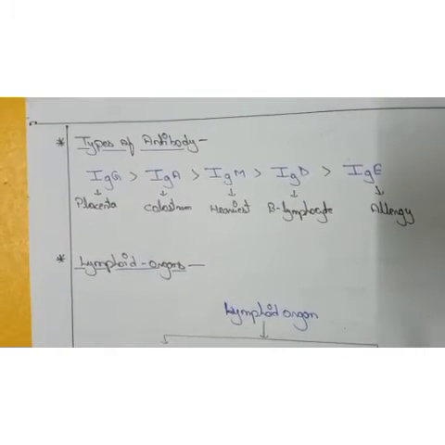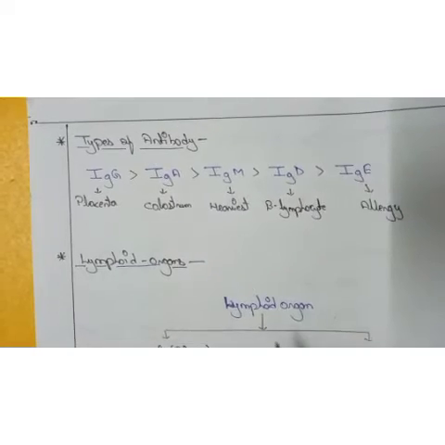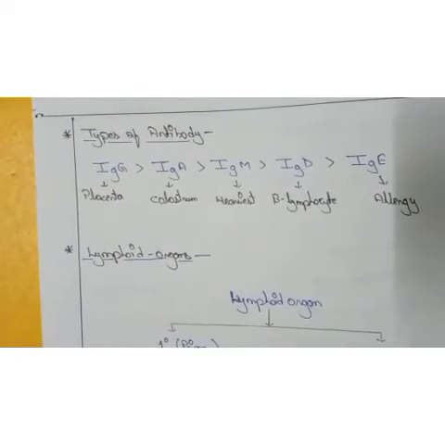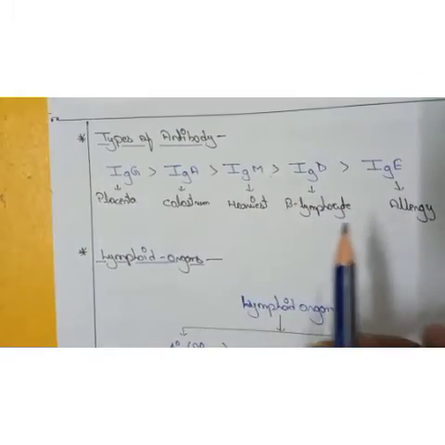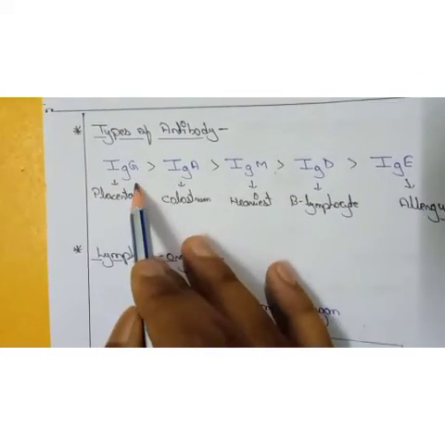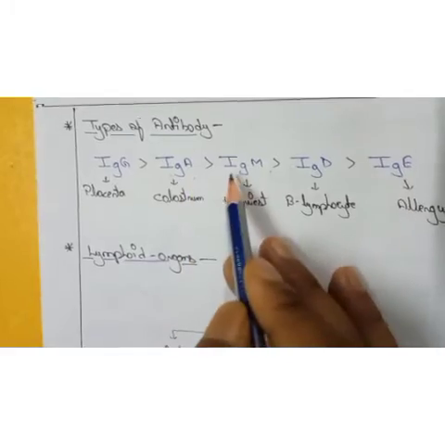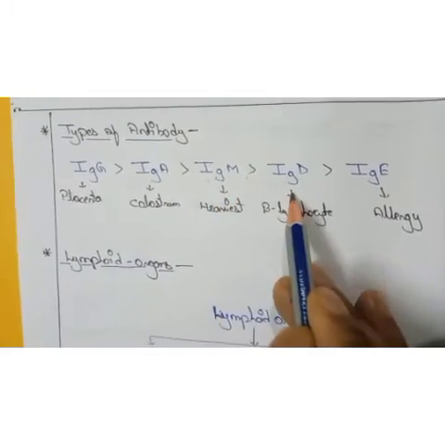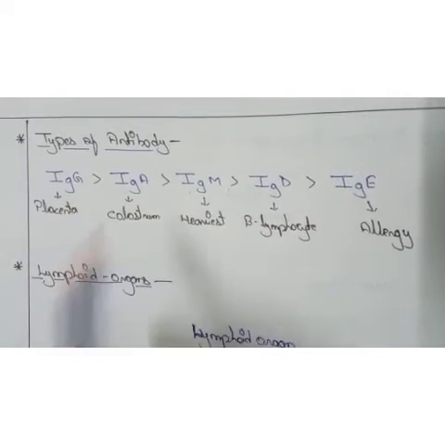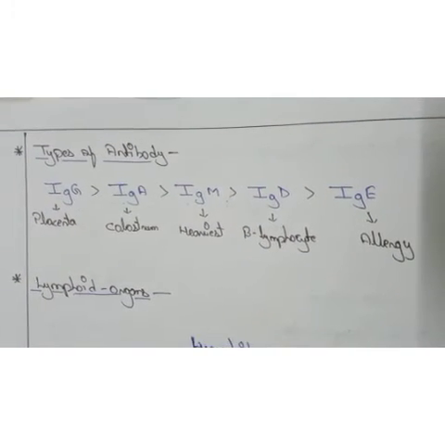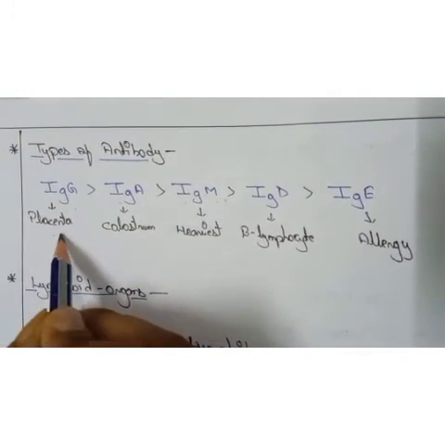There are 5 types of antibody: IgG, IgA, IgM, IgD and IgE. IgG is responsible for placental transfer.